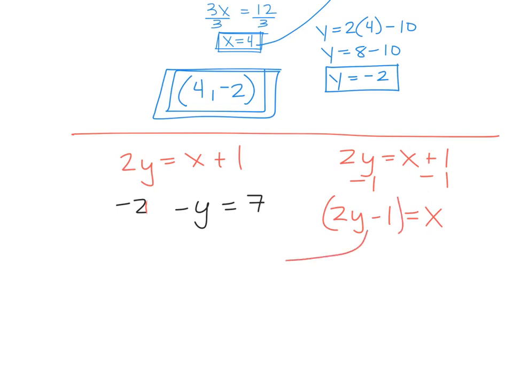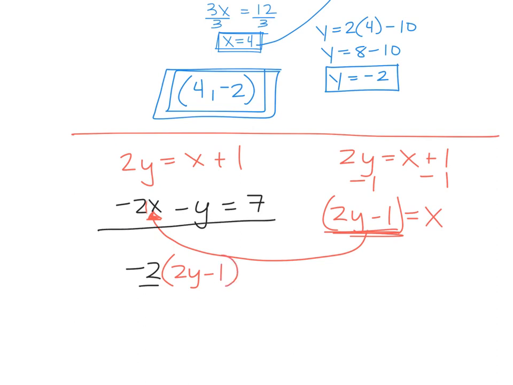The x is going to get replaced with that. So your equation, I'm going to put the x back in just so I don't confuse you later. Negative 2, drop in what x equals, 2y minus 1, and then you go back to finishing your equation. So this is negative 2 times x minus y equals 7.